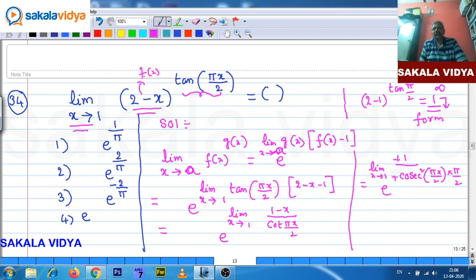The minus minus gets cancelled, so we have 2 by pi. If x is equal to 1, cosecant square of pi by 2 is 1. So, you get e to the power of 2 by pi. So, here the second option is the right option.